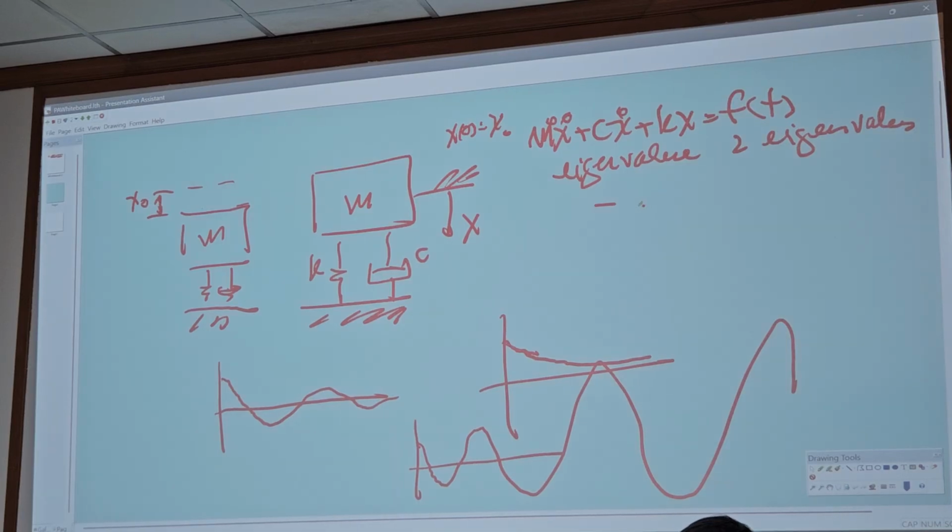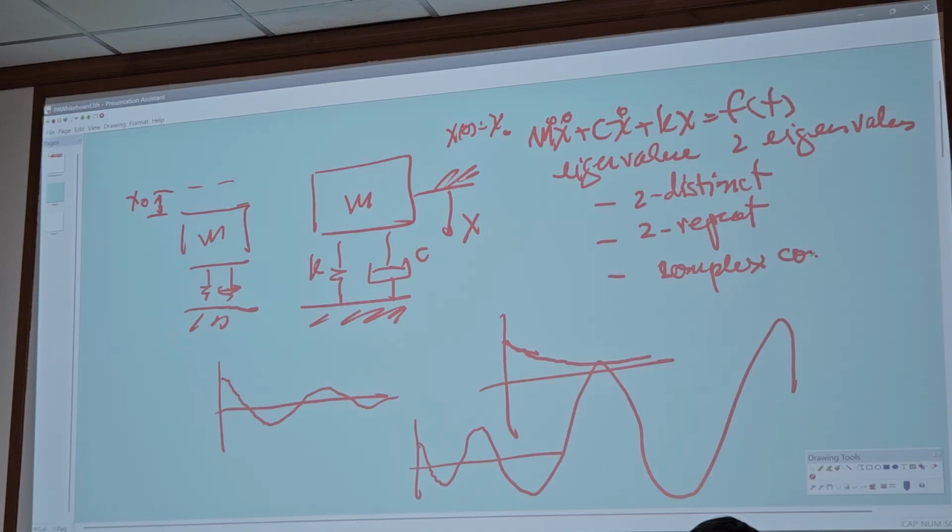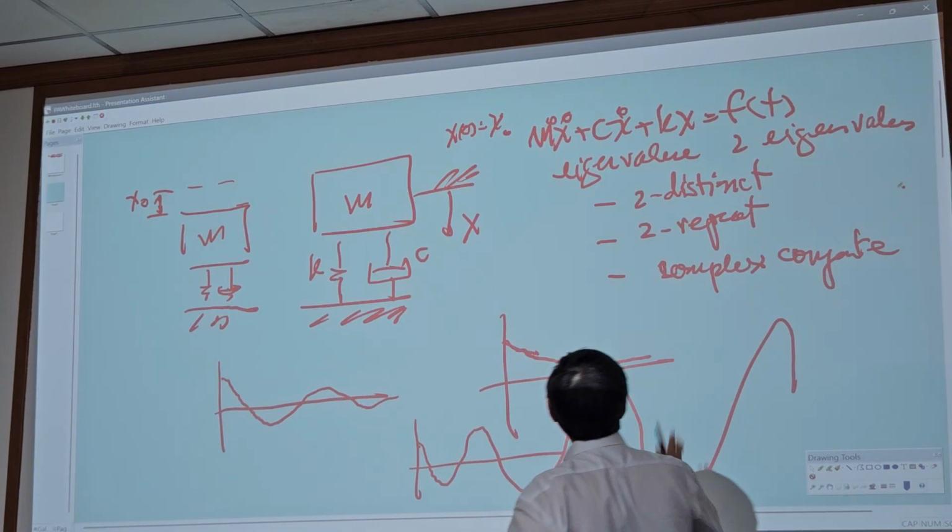It can be two distinct, it can be two repeated roots, it can be complex conjugate.